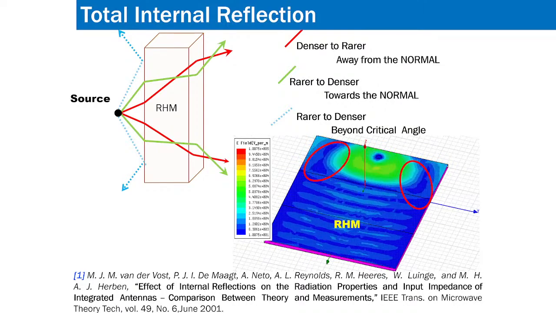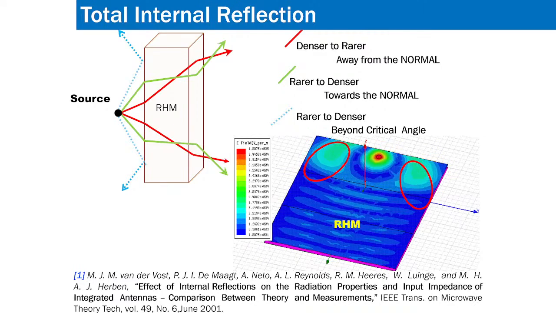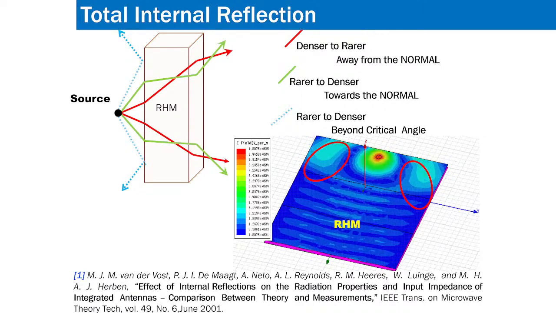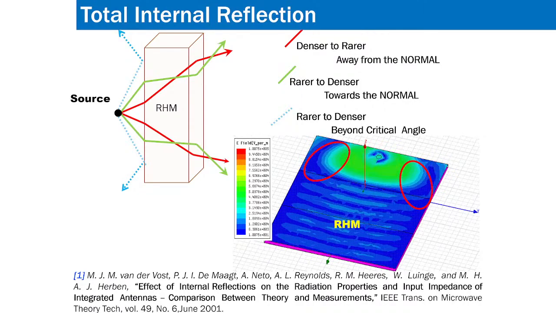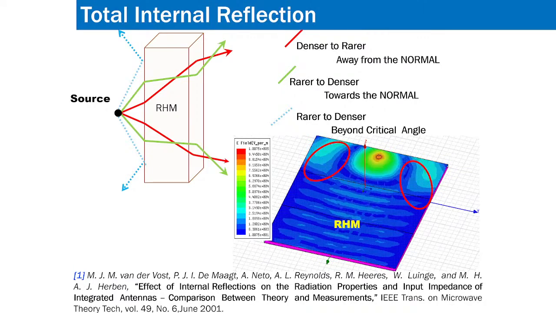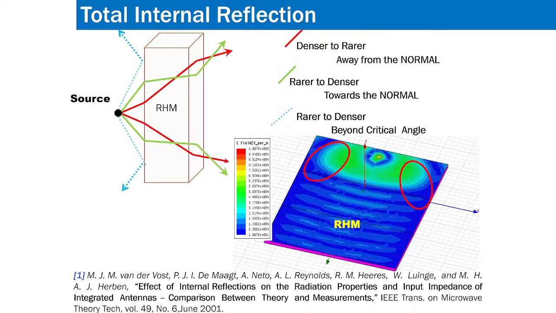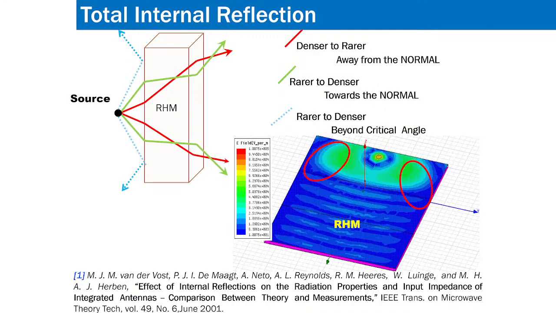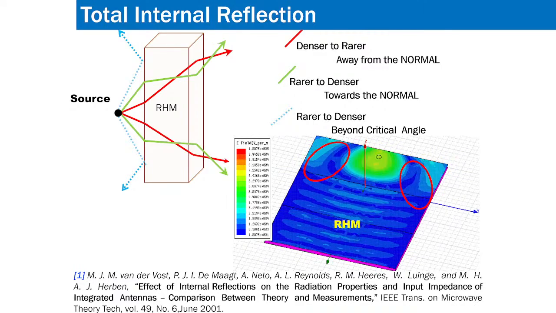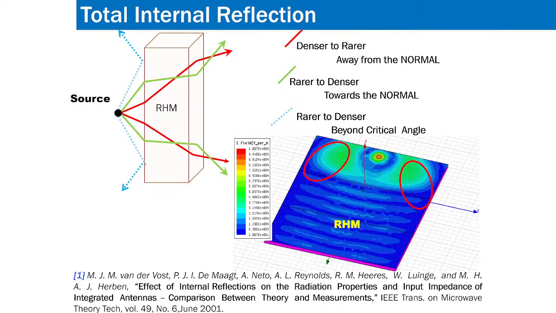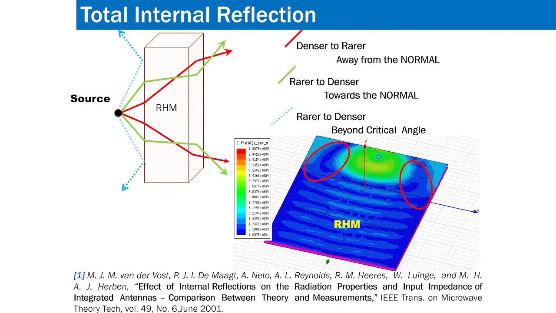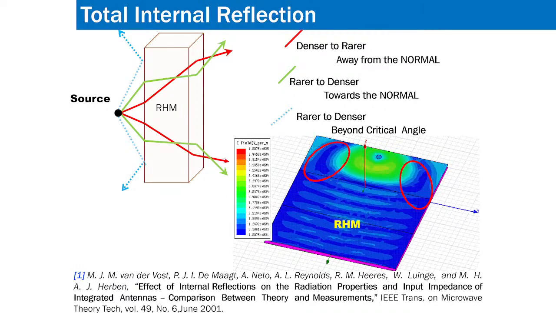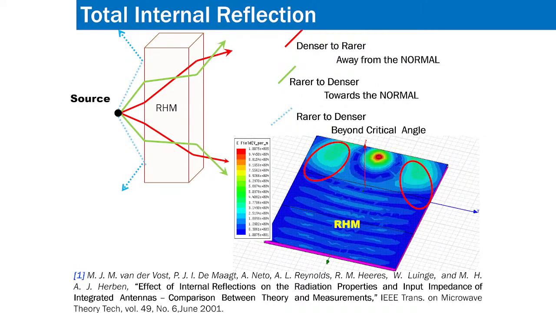If it is more than that angle, then instead of going into the denser medium, it will come back to the rarer medium. So it is called reflection. In the right-handed medium, instead of refraction, reflection is occurring. This is called total internal reflection.